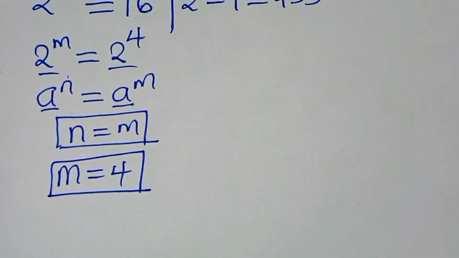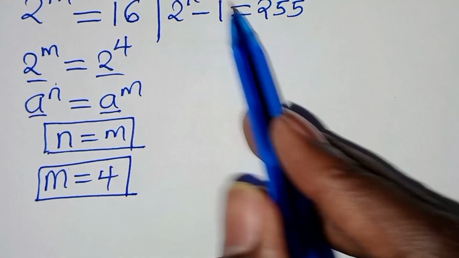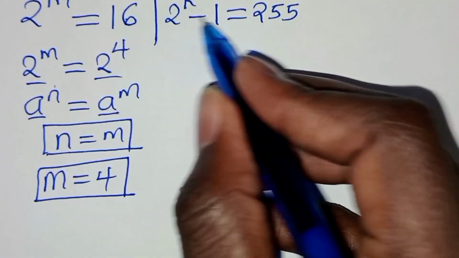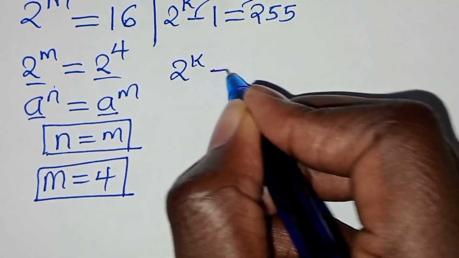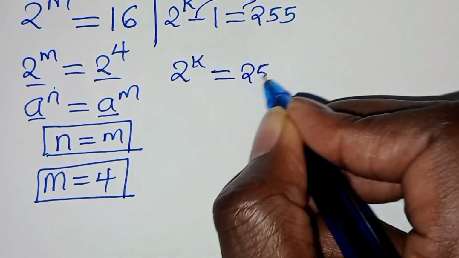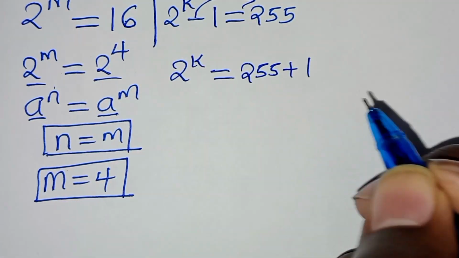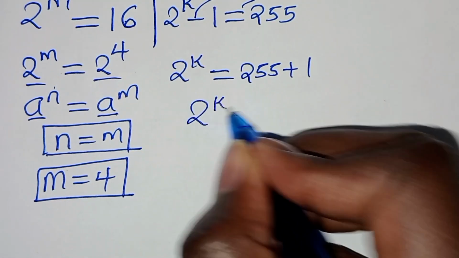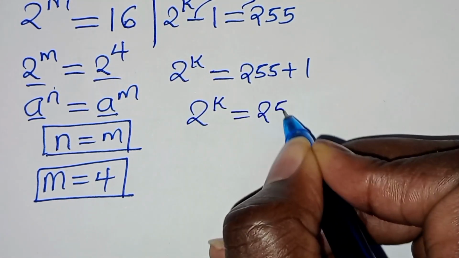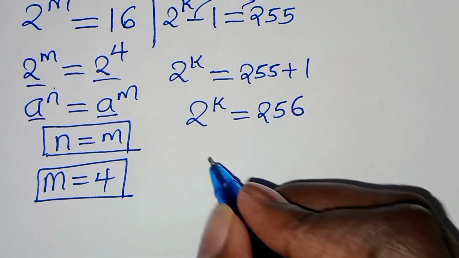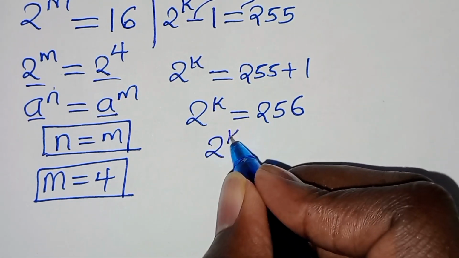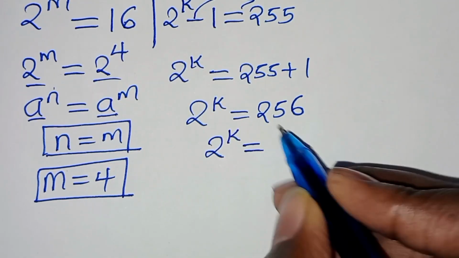Now, let's solve for k from this side. Let's take minus 1 to the right hand side so that we have 2 to the power k equal to 255 plus 1. So we have 2 to the power k equal to 256.